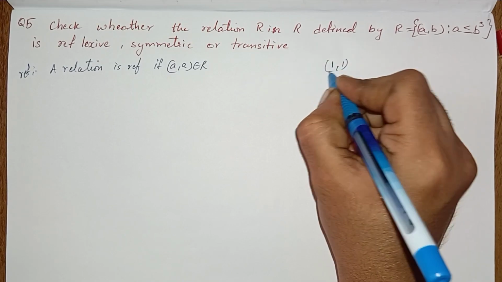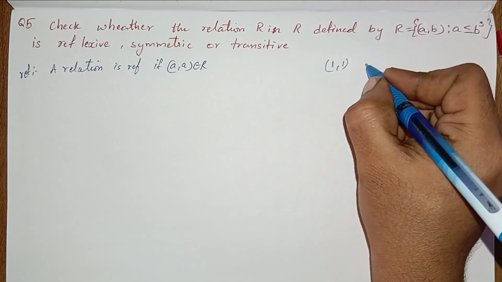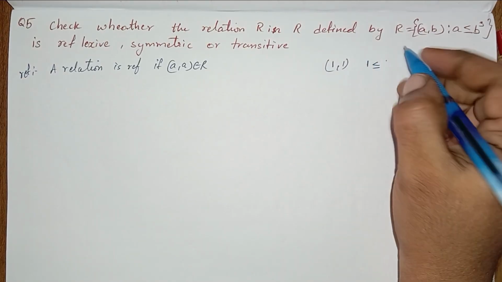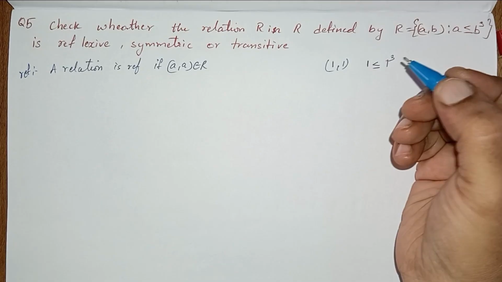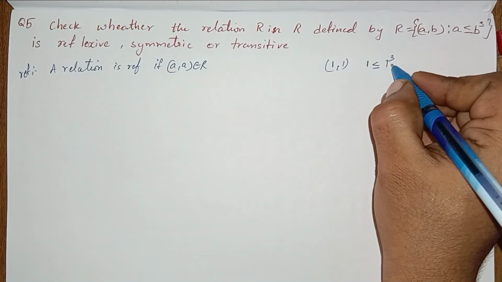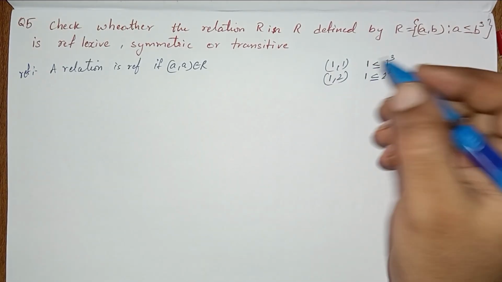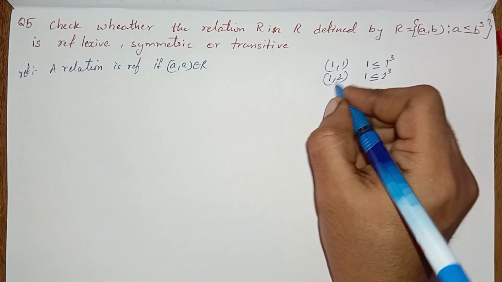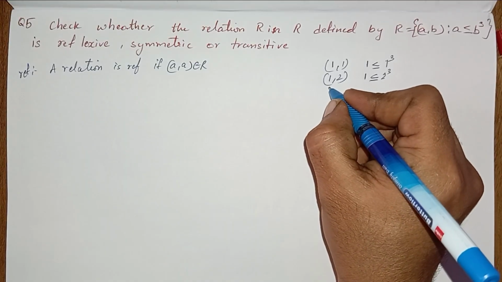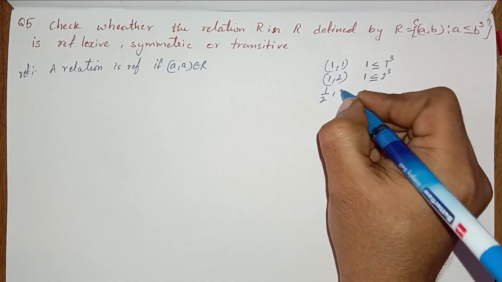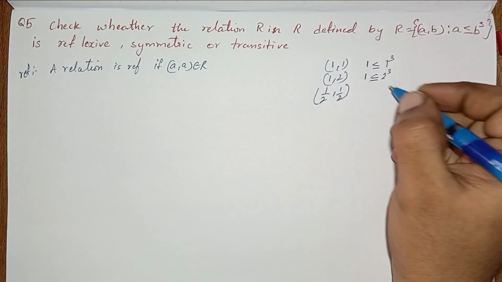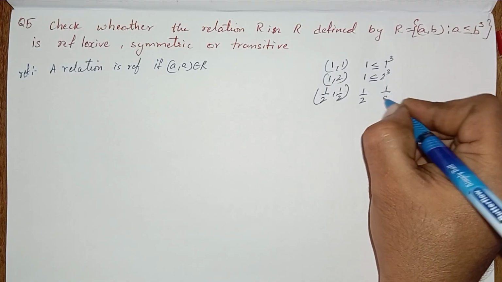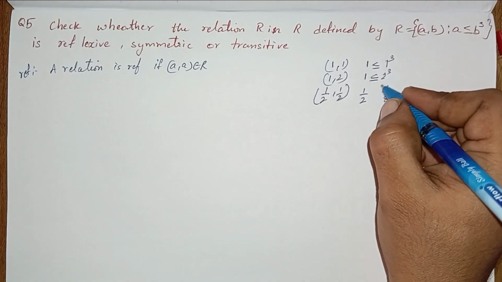We'll see through an example, that is 1 comma 1. Is 1 less than or equal to 1 cube? Yes. If you take any values like 1, 2, 3, usually it will be less than its cube. So let's take an example like fraction numbers, because it's a real number. We'll take 1 by 2 comma 1 by 2 and check whether this will be satisfied or not. 1 by 2 cube will be 1 by 8.